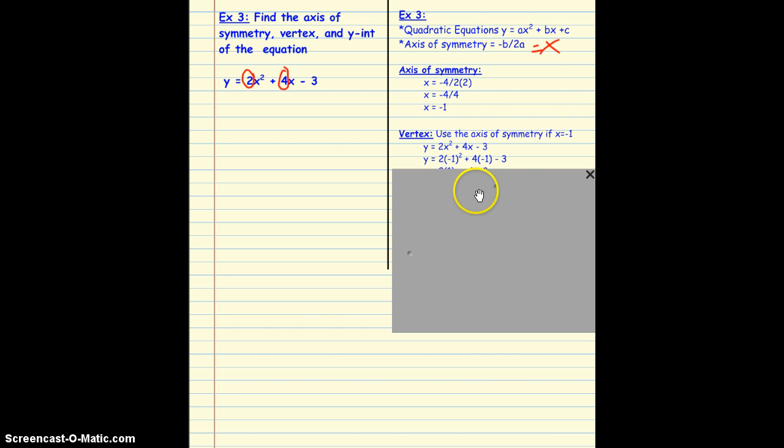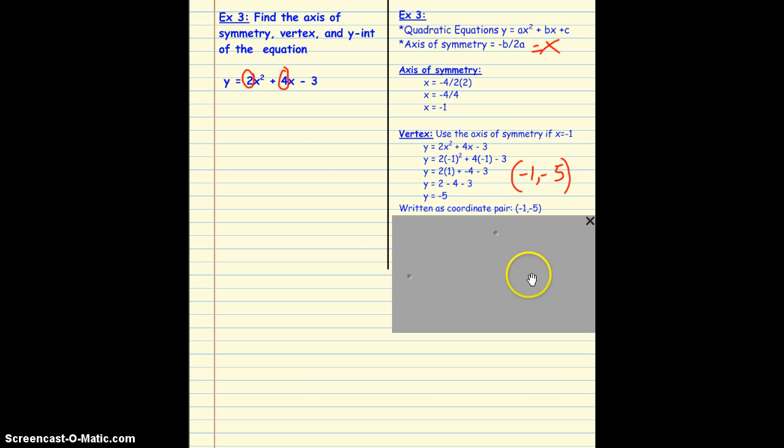All right, negative 1 squared is 1, so we've got 2 times 1 plus 4 times negative 1 is negative 4 minus 3. Continuing with our math, we've got 2 minus 4 minus 3, which of course is y equals negative 5. So our vertex is at negative 1, negative 5, which I have written as the coordinate pair right there.